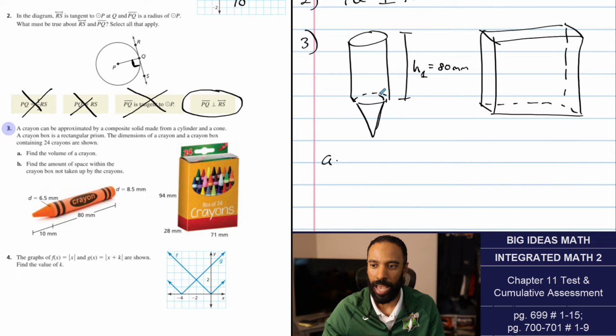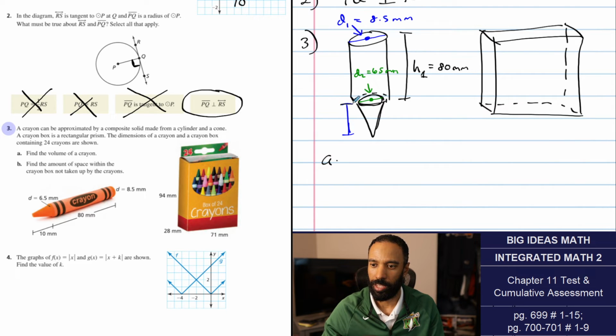This cone has a smaller radius, a smaller circle than the cylinder. So diameter 1 is going to be 8.5 millimeters, whereas diameter 2, this guy, because this is going to have its own different height, diameter 2 is 6.5 millimeters.